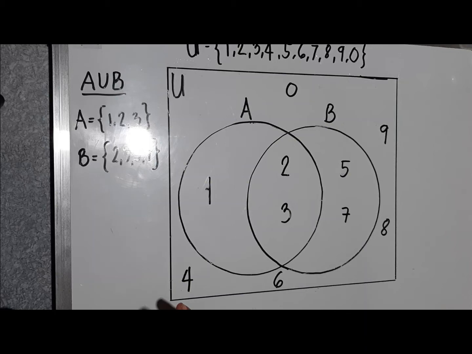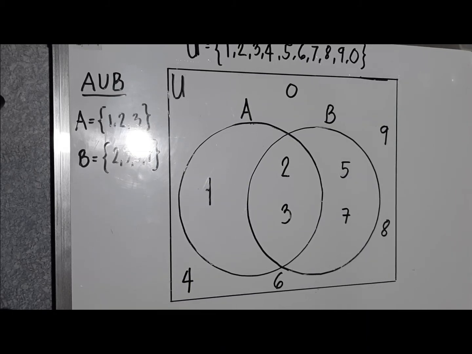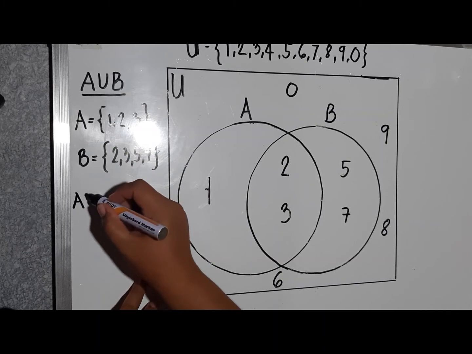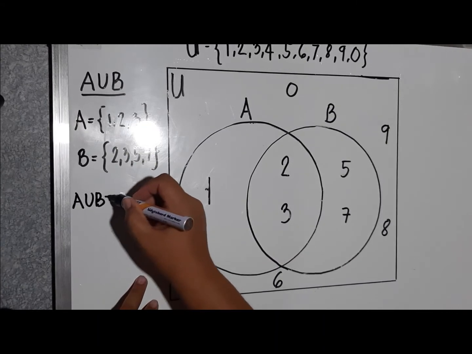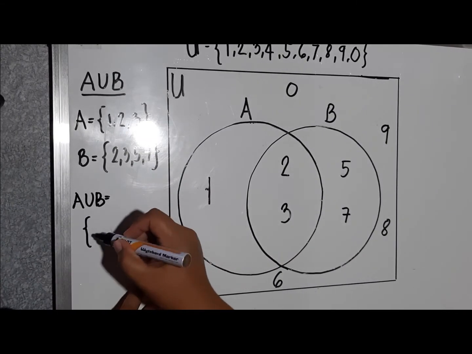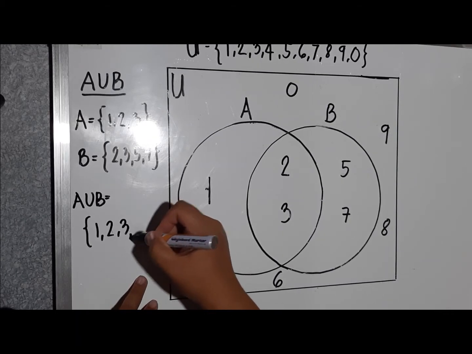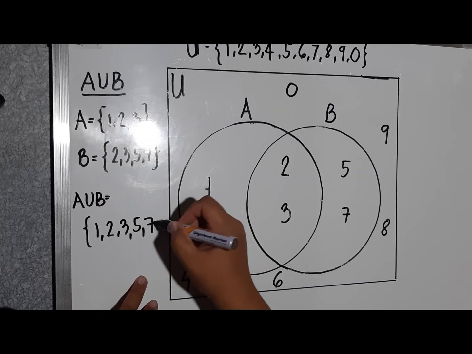For the union, our answer earlier was that A union B is equal to 1, 2, 3, 5, and 7.